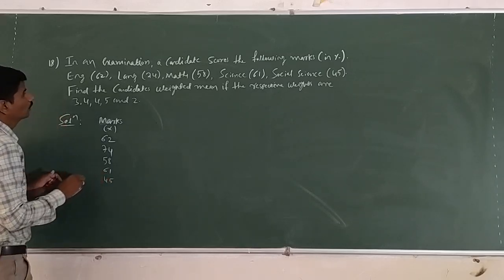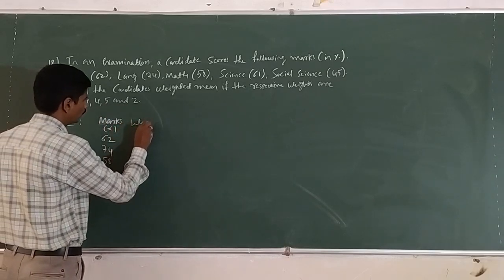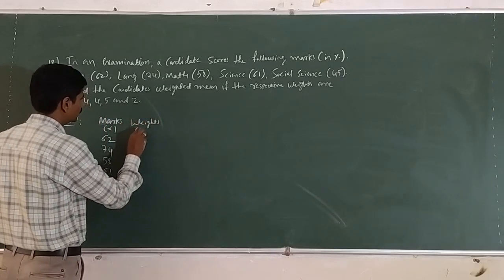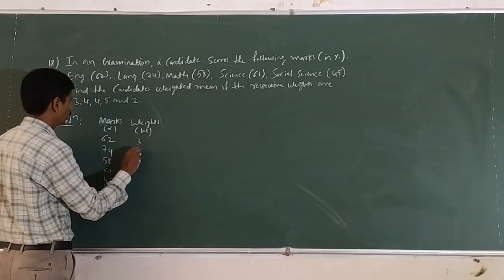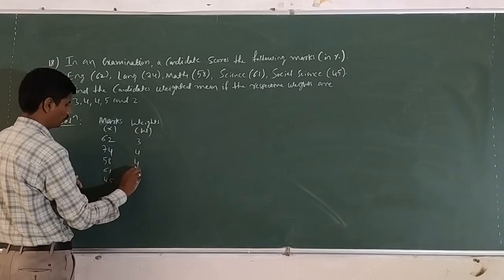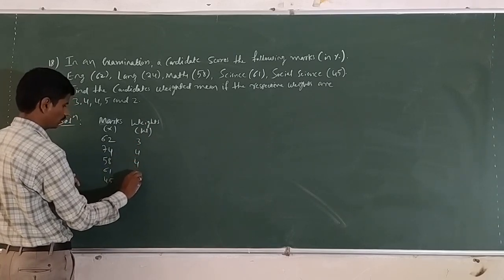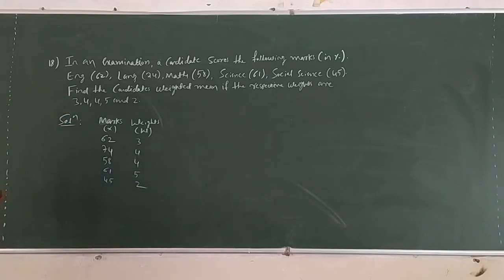Next, the weights, denoted by W. Weights are 3, 4, 4, 5 and 2.